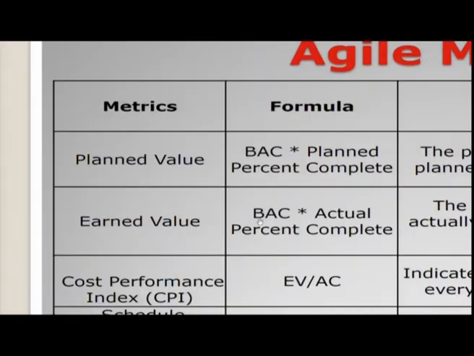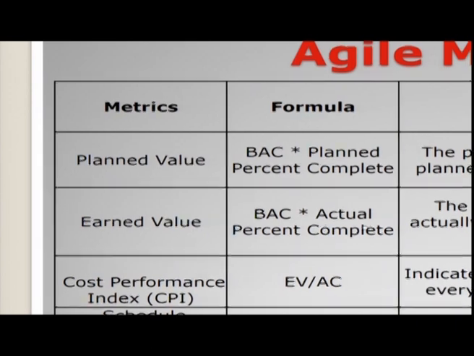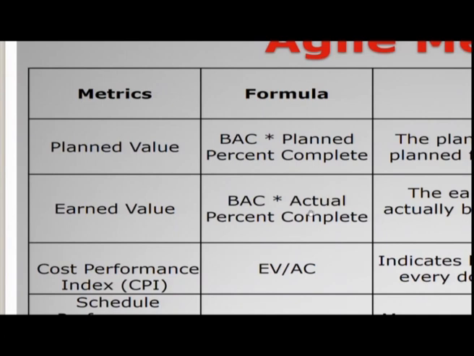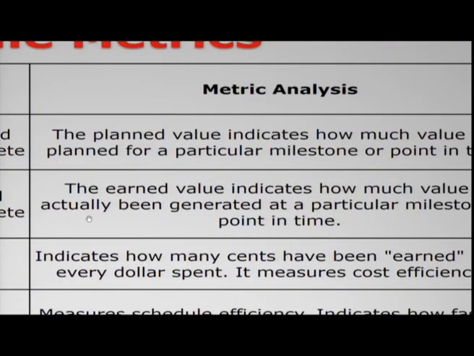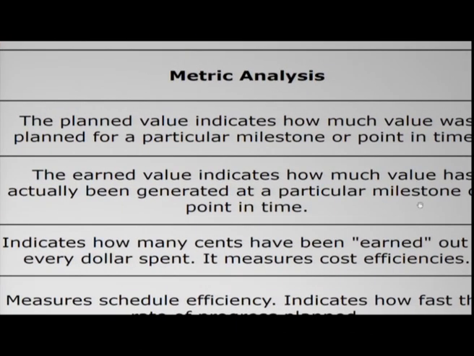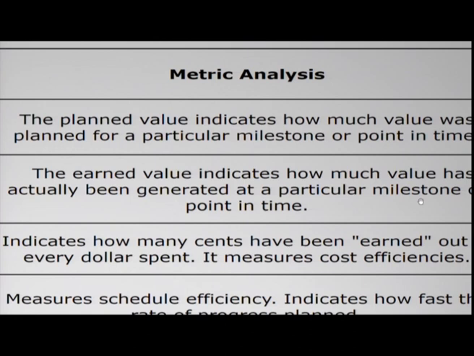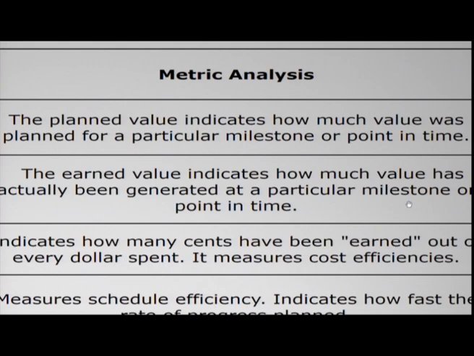Now, the second metric is the earned value. Again, it is the budget at complete multiplied by actual percentage, whereas in the previous case it was a planned percentage. Since it is an earned value, it is budget at complete multiplied by actual percent complete. What is the metric analysis? How has it been analyzed? The earned value indicates how much value has actually been generated at a particular milestone or point in time.